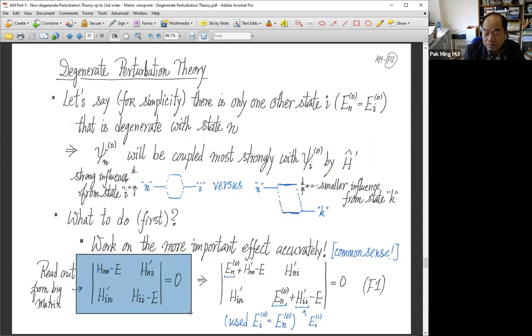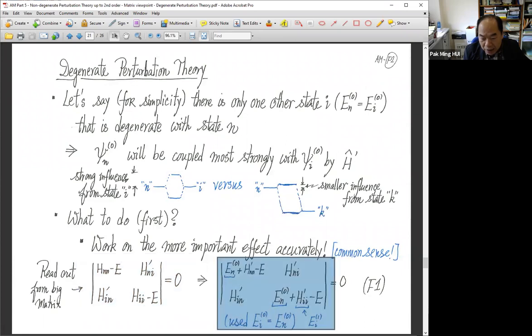Nothing new. I may have energy very close to N. Nonetheless, all these are the same, so this is still fine. Write it out more explicitly. The diagonal matrix element has to do with the zeroth order and the first order correction. So this is the form you need to handle.